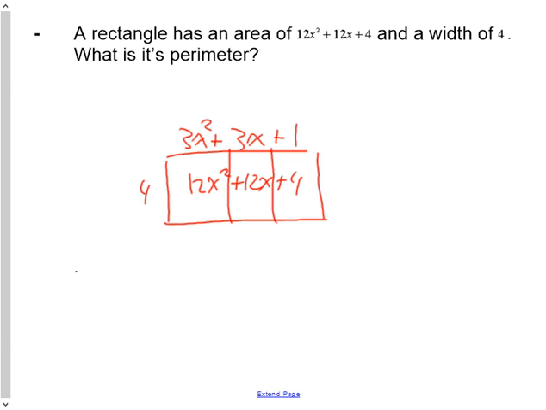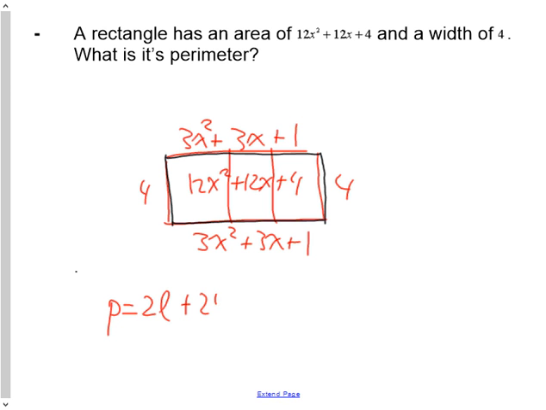So now I have my dimensions, and if I think about this rectangle again, this distance here is also the same as the other one, and this distance here is 4, and the perimeter is the distance around. Now on your test, I will expect you to write this formula.